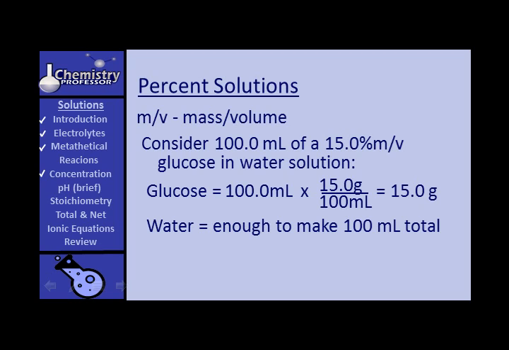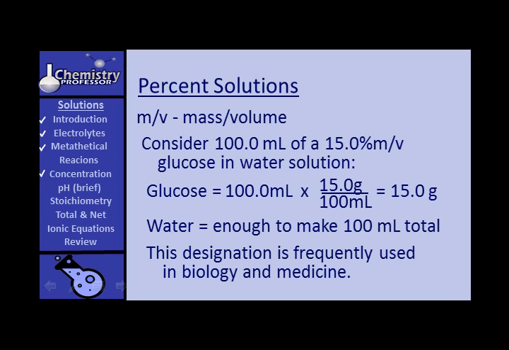Medicinally, we very often talk about 5% dextrose solutions or 5% glucose solutions. That's in every certain volume, 100 milliliters of the solution or 100 cc's, we have 5 grams of the glucose or dextrose. And as I told you earlier, this designation is frequently used in biology and in medicine.